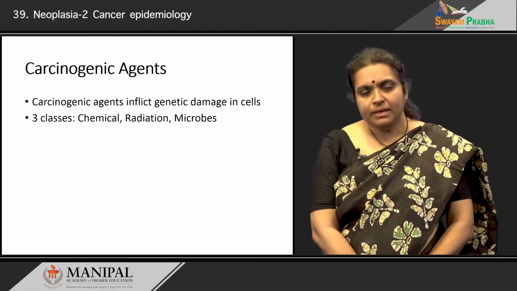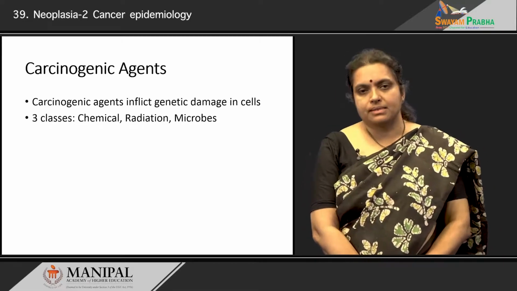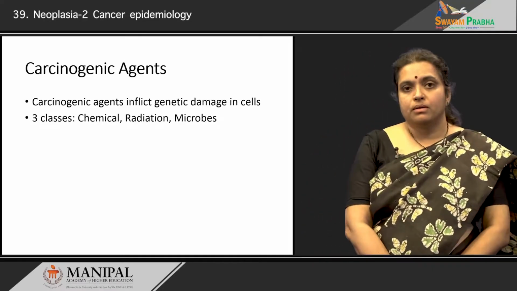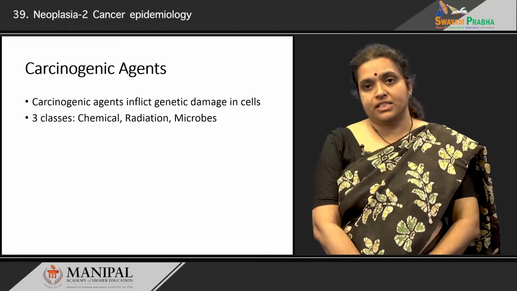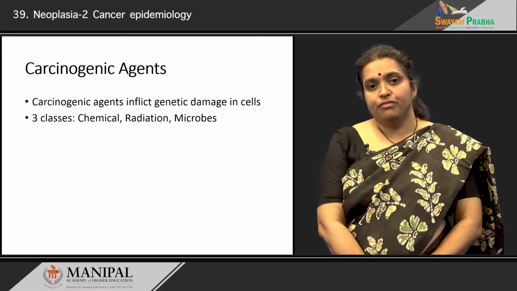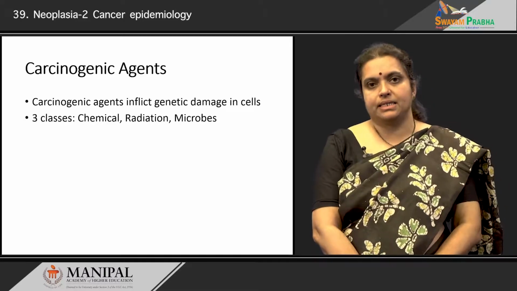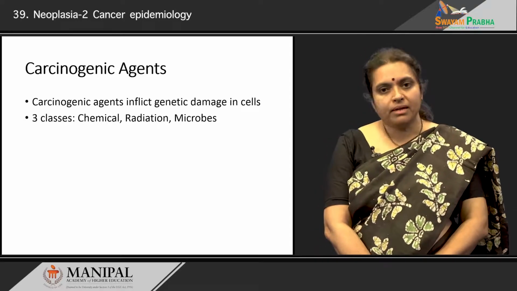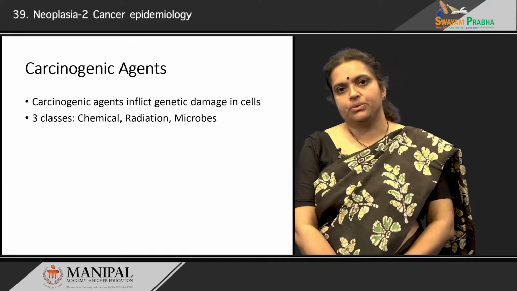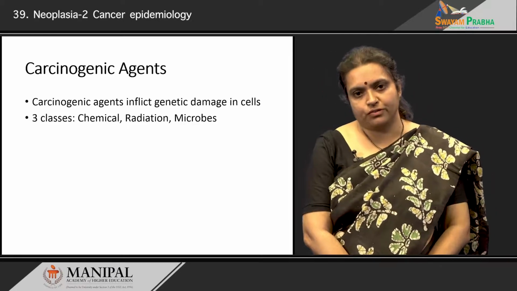Now, we will be learning in our subsequent classes that cancer can occur only when there is a genetic change within the cell, and therefore, the carcinogenic agents that we will be talking about primarily inflict genetic damage in the cells, and that leads to the cancerous transformation of the cells.